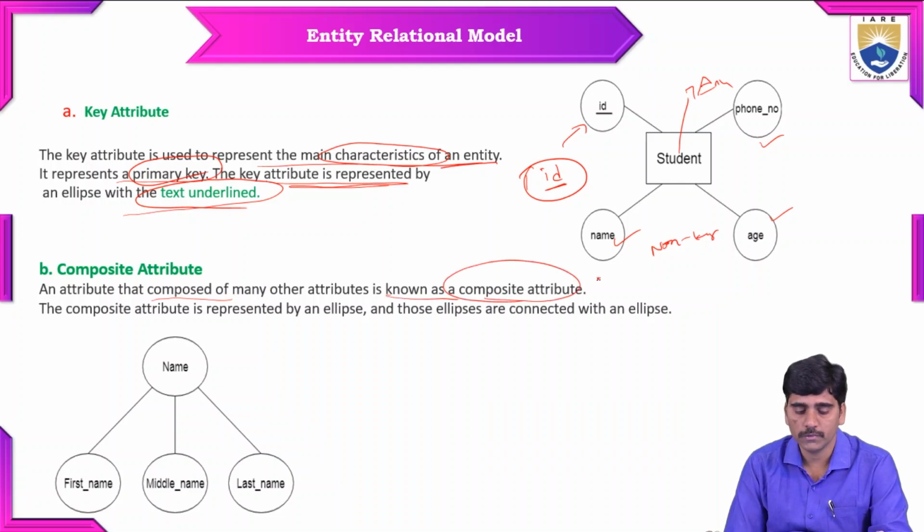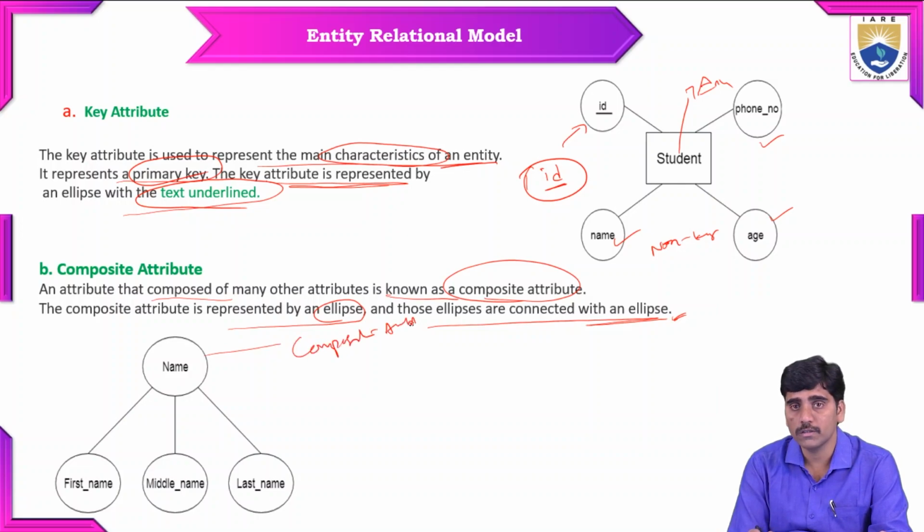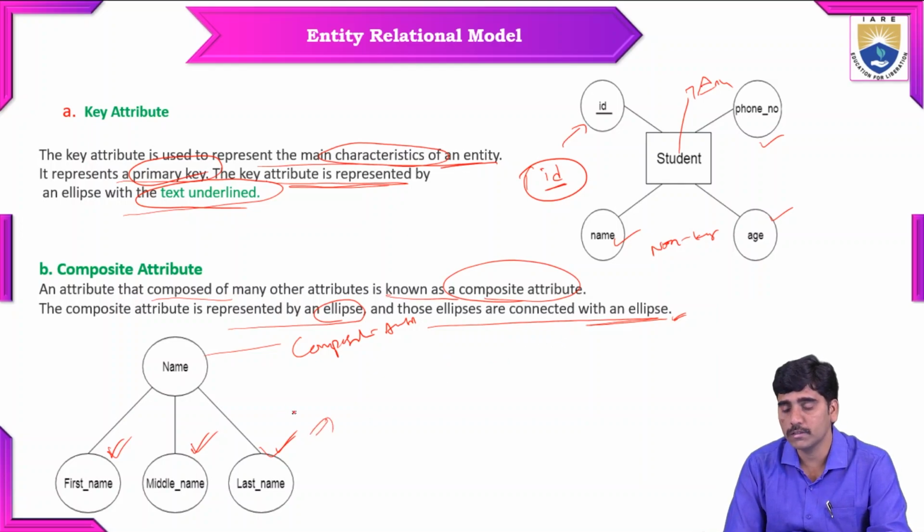It is represented by an ellipse, and those ellipses are connected to other ellipses. Here name is a composite attribute, because it can have other attributes like first name, middle name, and last name. So that is a composite attribute.